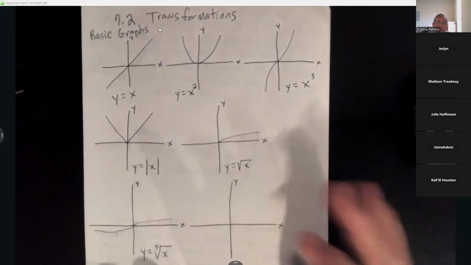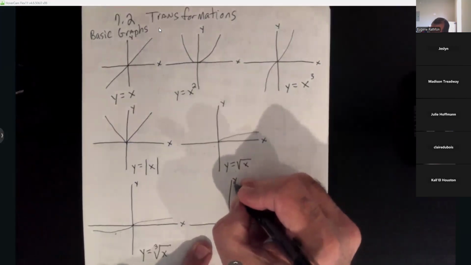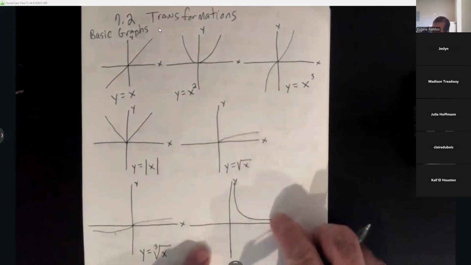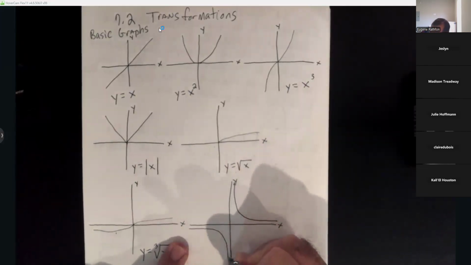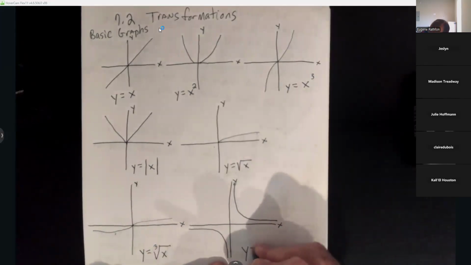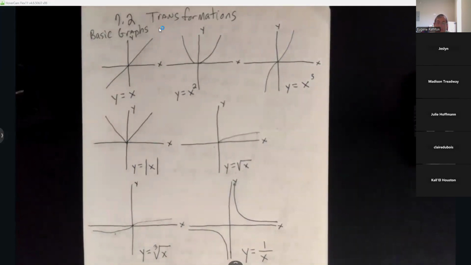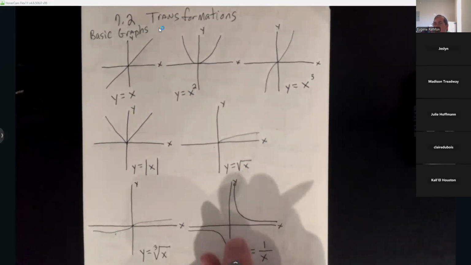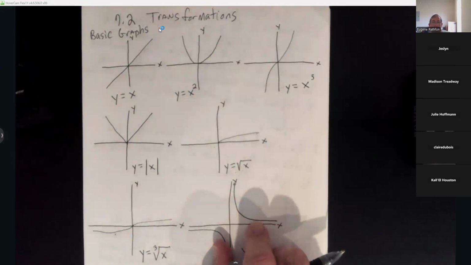Now, this one, they usually don't make us graph. But part of the graph on the right side does this shape, and on the left side, it's down here doing that shape. This is the reciprocal graph, y equals 1 over x. Now, we will deal with these kinds of graphs a lot more at the end of our third testing material, okay?